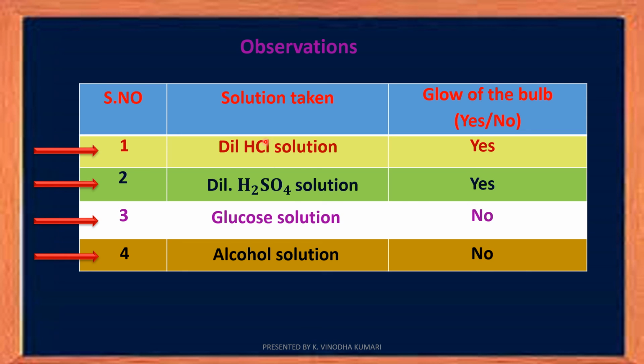So that means the acid solutions contain H plus ions in common. The movement of the ions, that is the positive and negative ions in the solution, will help for the flow of the current. Now we'll make a conclusion.